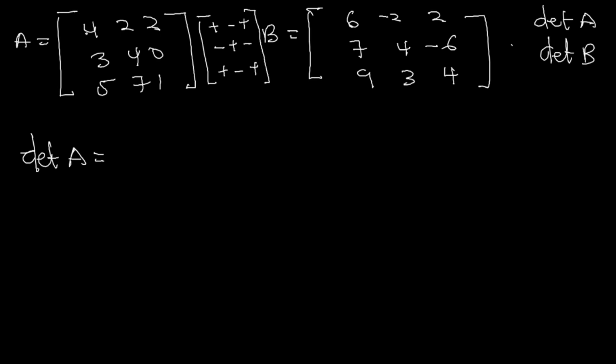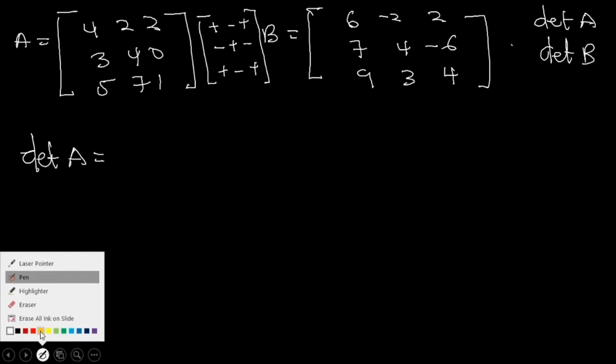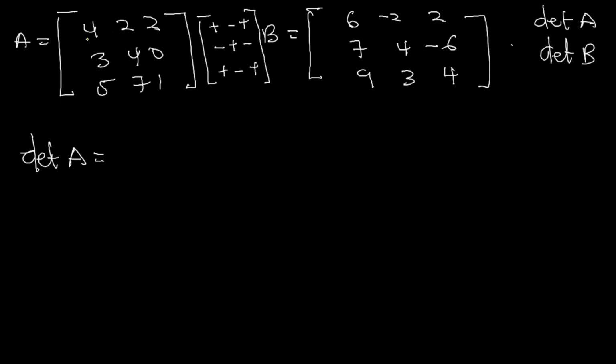So we are going to take this row first as our starting row. So we take 4, and then we cancel this row and this column. So we are going to have 4 0 7 1. Then the sign over here is minus, so minus 2.